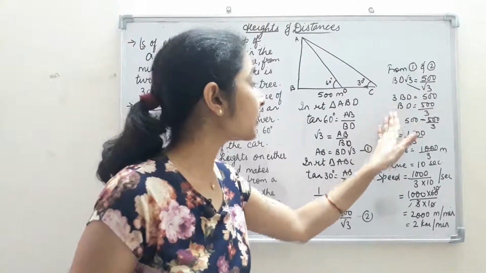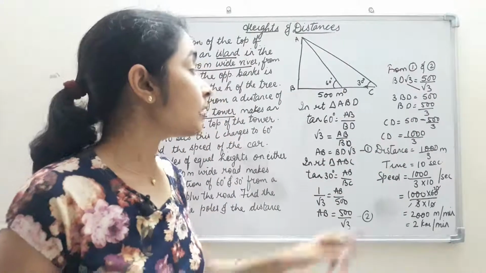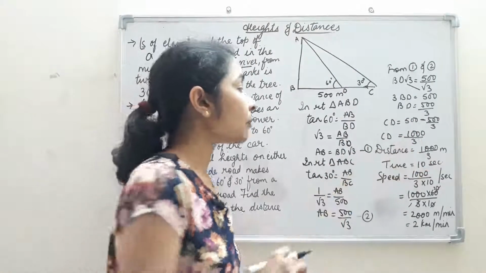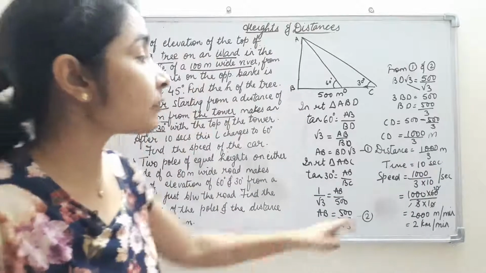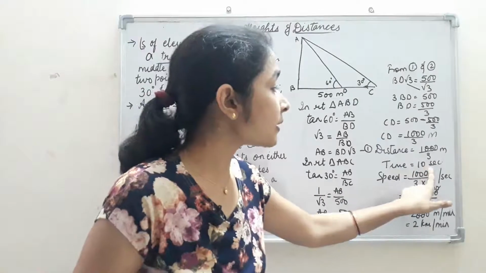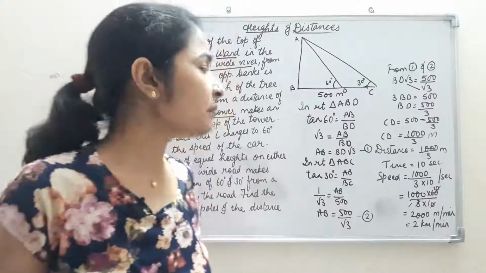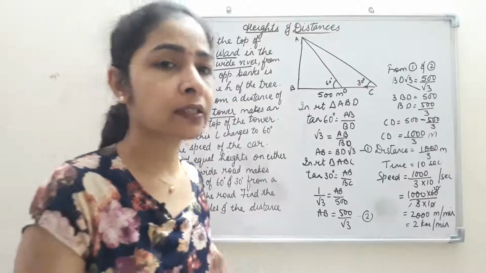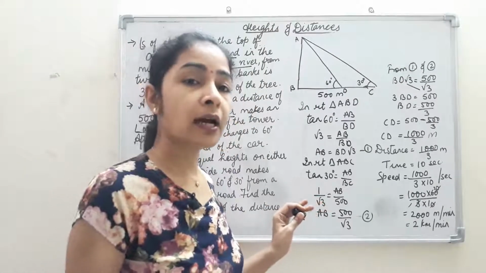I got the value of BD here, and if I got the value of BD, I can also find the value of CD. So CD I have got as 1000 upon 3 meters. Now distance traveled was this much and time was 10 seconds, so we can find out the speed. The speed we got in per second, but it was in fractions, so we just converted it into minutes. So I hope you understood this solution.